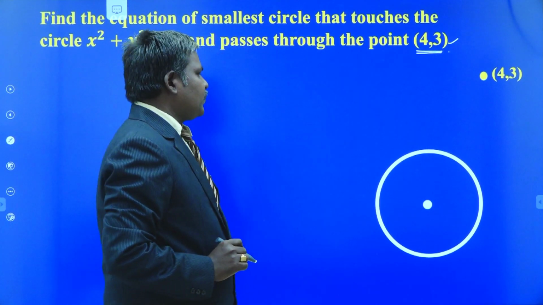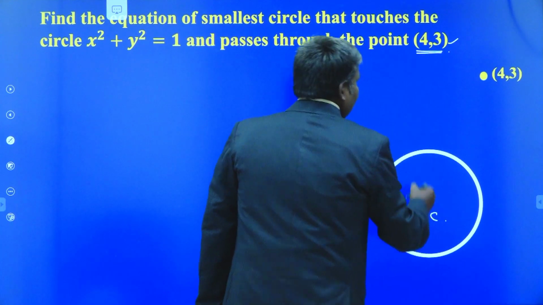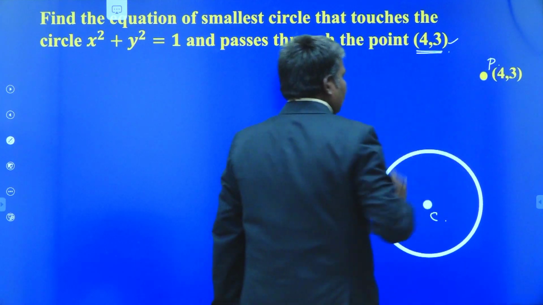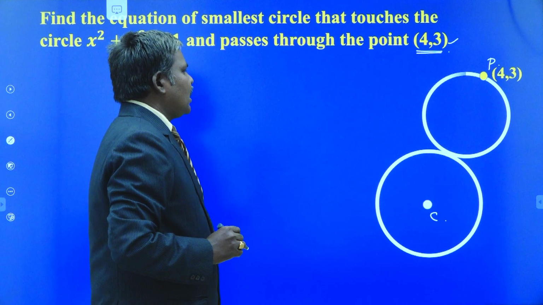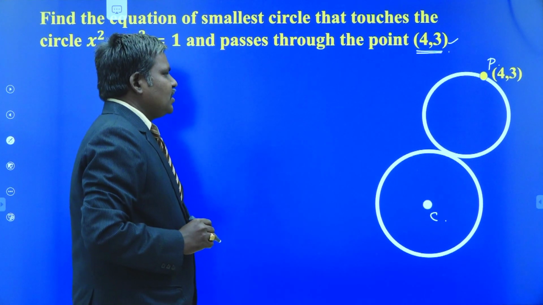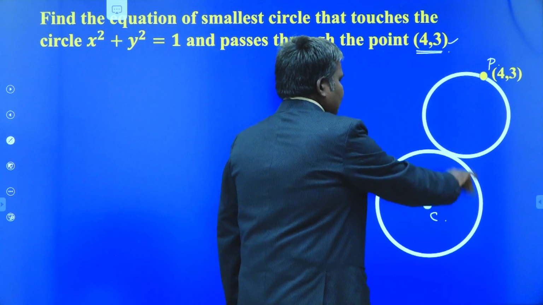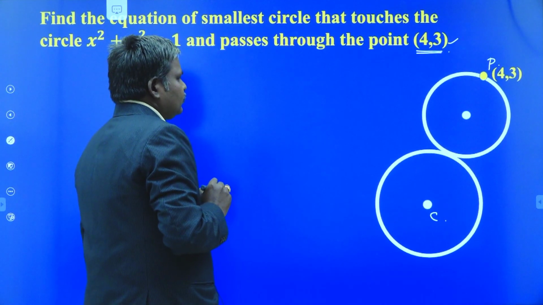How to obtain that one? This is the center of the circle and this is the given point (4, 3). You can easily imagine that circle passing through (4, 3) and touching the given circle. How to obtain this one?